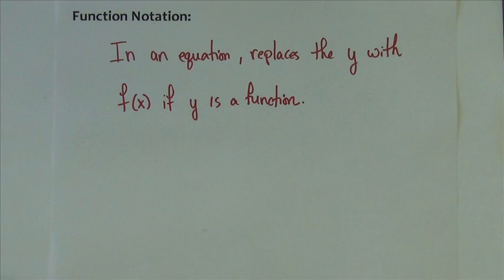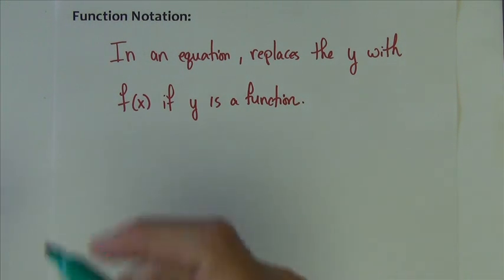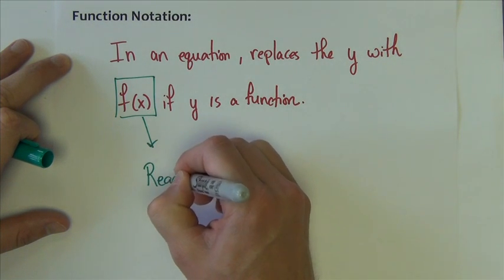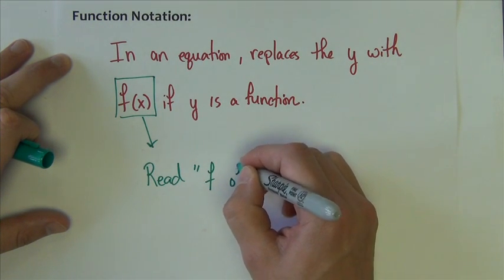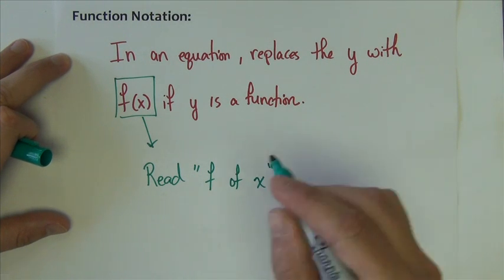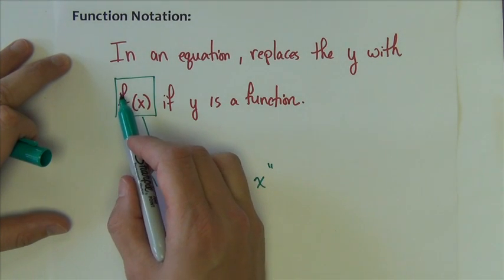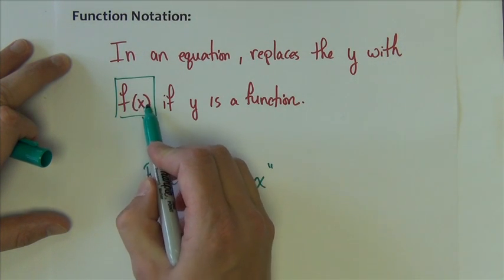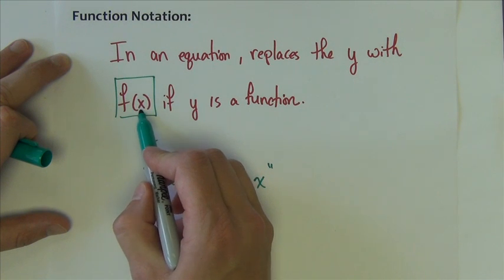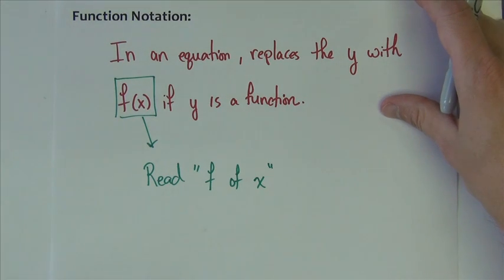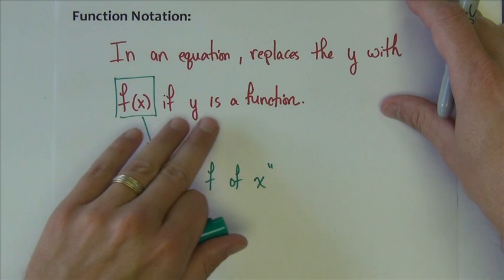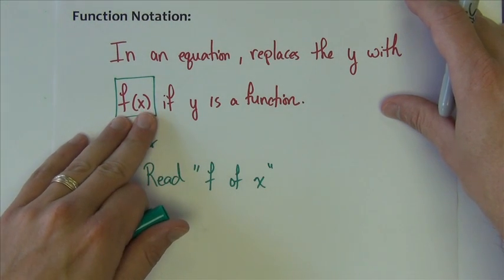This part right here you read as f of x. So the f indicating function, and x is identifying here what the domain variable is, or what the independent variable is. So it's telling us this is a function of x. Every time we see equations that have this instead of a y equals, we're guaranteed that we're looking at a function, essentially.